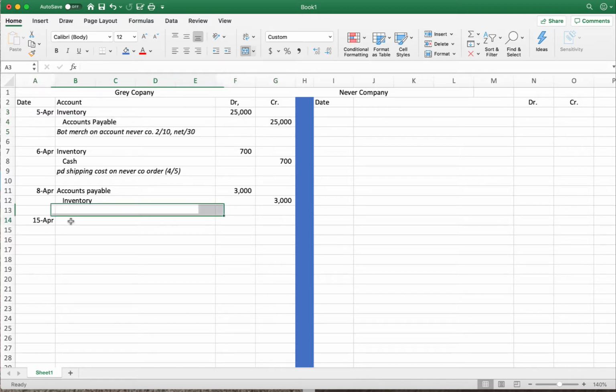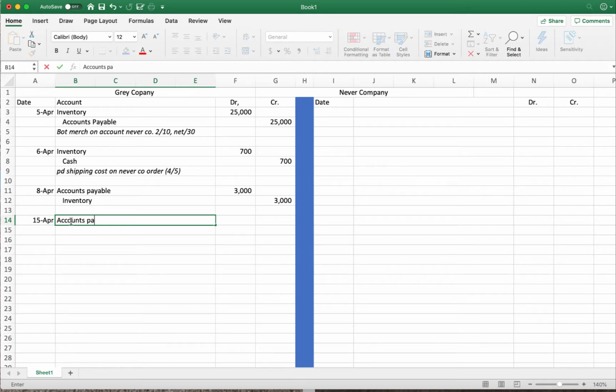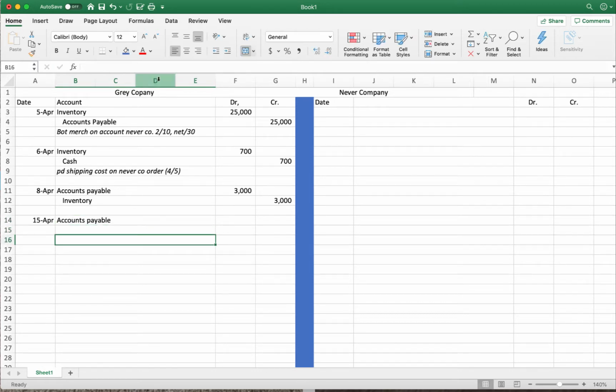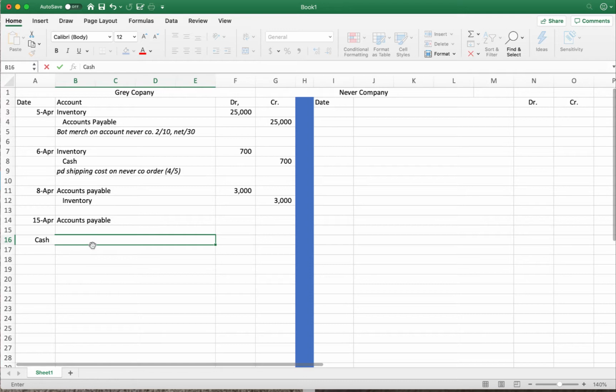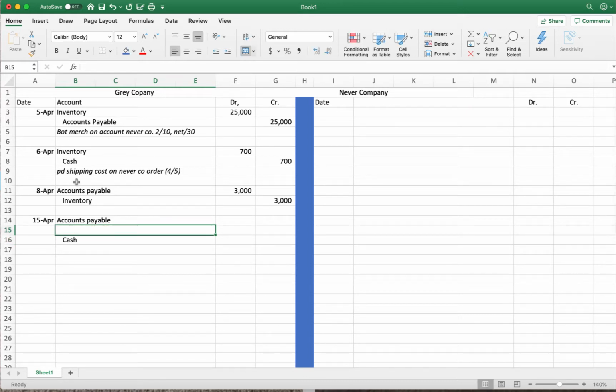So, right off the bat, because I'm paying this, I need to decrease my accounts payable. I'm paying them cash, so I need to credit cash. I am taking a discount. I know that because I'm in the discounted period. Remember, purchase returns, allowances, discounts, all that stuff, we're going to keep track of it within inventory because it's decreasing our inventory account.